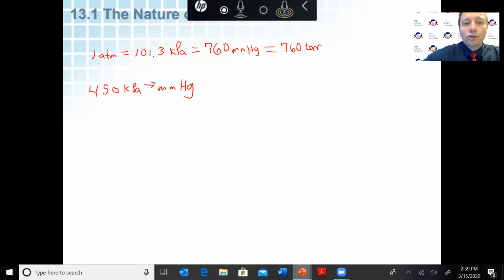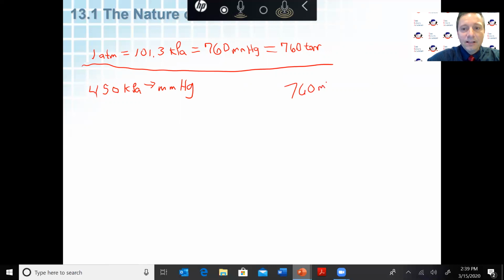So when we look at our chart that we have just placed right here, we see that we could rewrite this, in fact, as 760 millimeters of mercury over 101.3 kilopascals. And that is exactly how we're going to solve this problem right here.